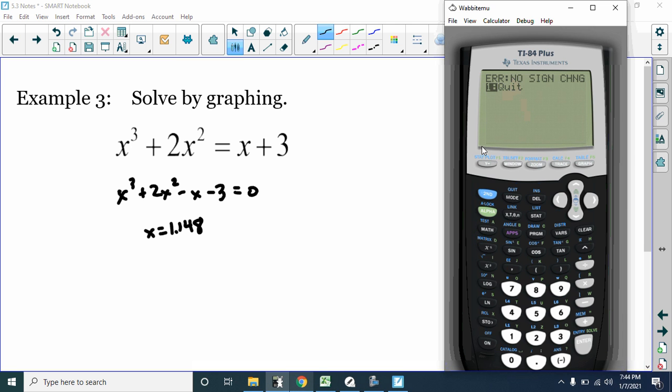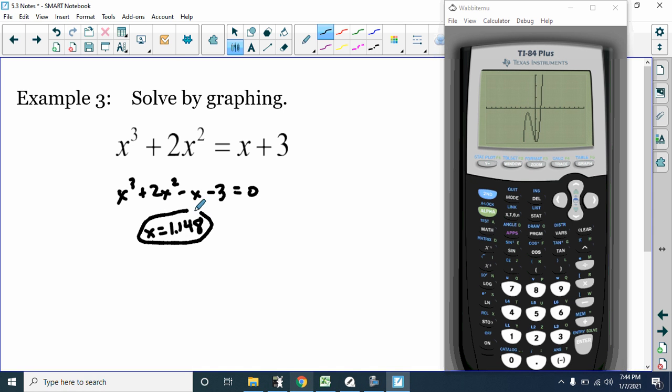It's giving you an error because there's not an x-intercept in between there. You could verify that if you change your window and kind of get a little closer to the x-axis. Notice it comes up. Doesn't quite touch the x-axis there, so that we only have that one solution. x equals 1.148 is the only solution.